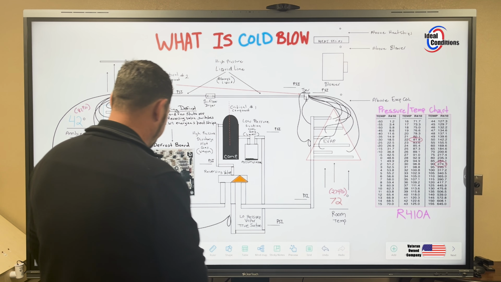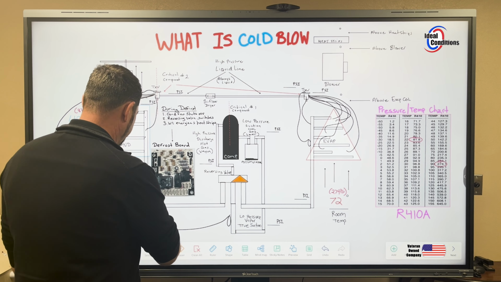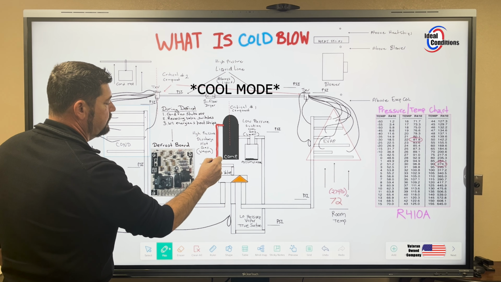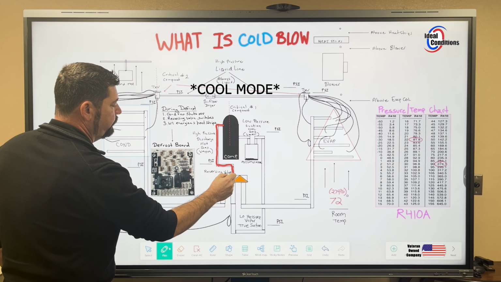So if I have the system in heat mode, my hot gas is going to come out, come down, and flow through my discharge line, through my reversing valve. It's going to come around and enter into my condenser coil.